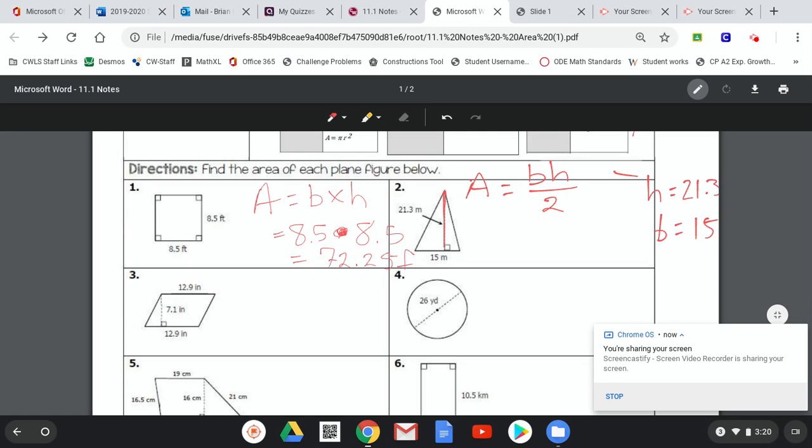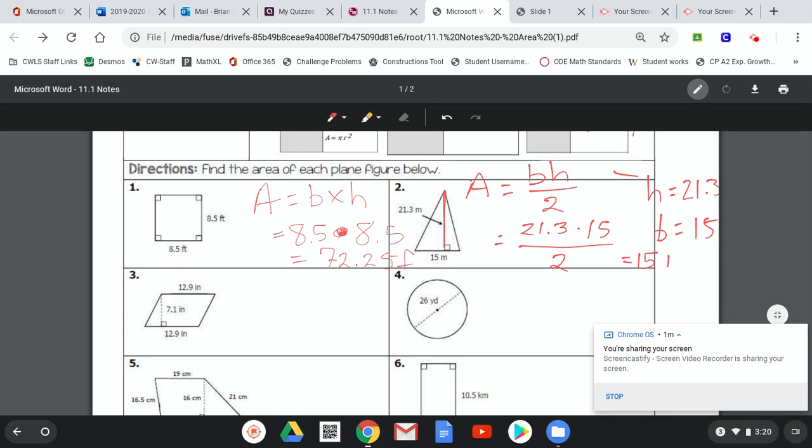Plugging it into our formula, we're going to do 21.3 times 15, and divide that by 2. I think that's a little easier than multiplying by 1/2. Once we do that, we get a final answer of 159.75.